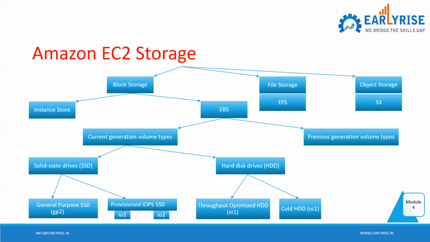In S3 you have infrequent access. Similar to that, you are not accessing it very frequently. But this is the lowest cost HDD. This cold HDD is the lowest cost as compared to all other types, cheaper than this ST1 also.